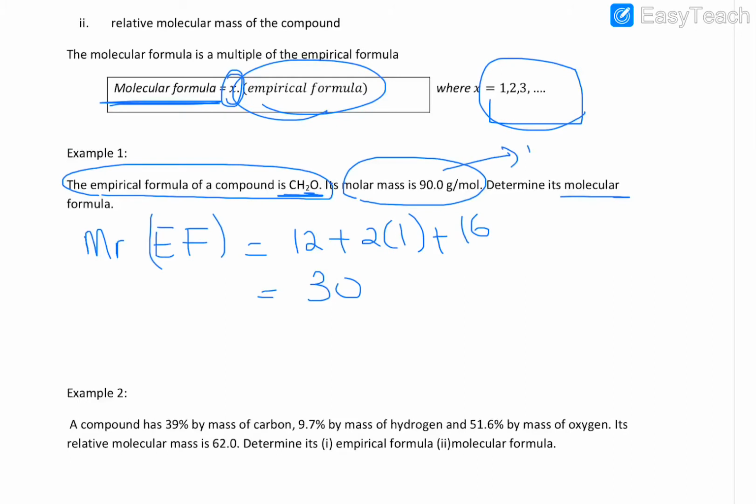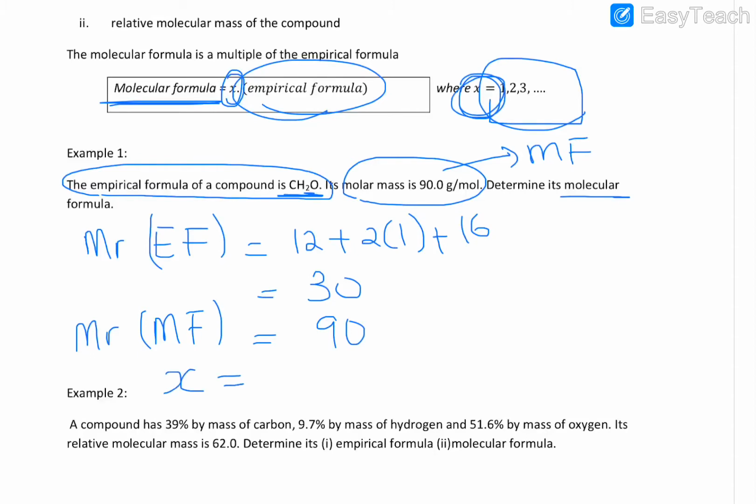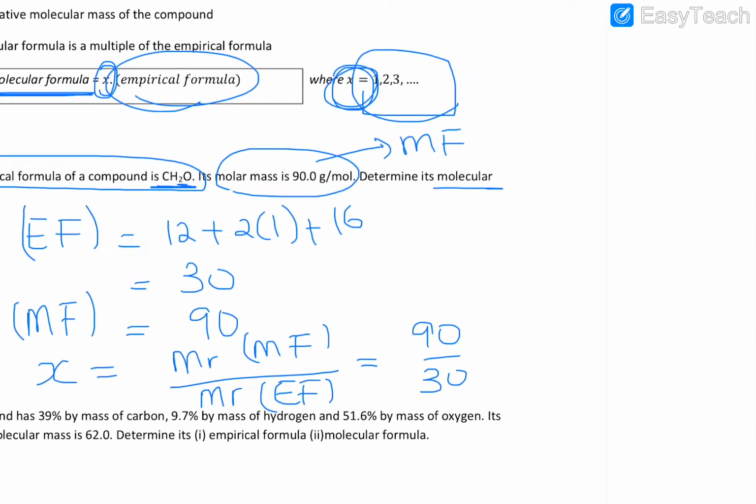This is the MR of the empirical formula. The MR of the molecular formula is given. So the MR of the molecular formula is 90. The value of X, I'm going to go and find that value. X will be obtained by the MR of the molecular formula divided by the MR of the empirical formula. So here it is 90 divided by 30, that's going to give me 3, which means that X is equal to 3.